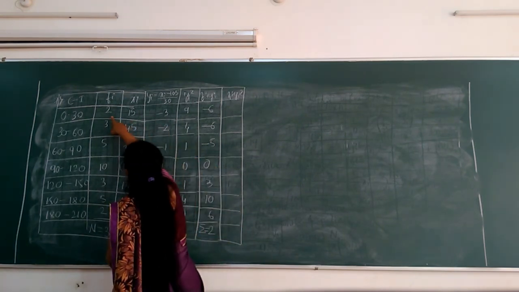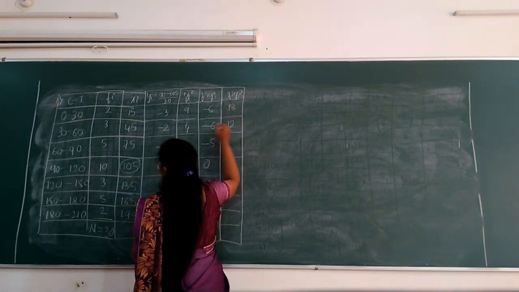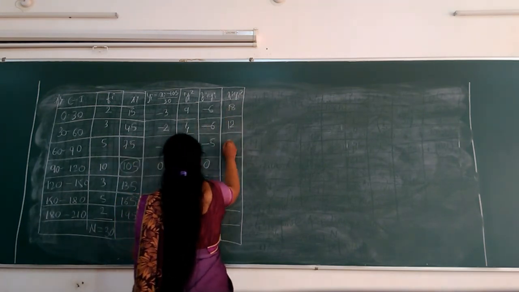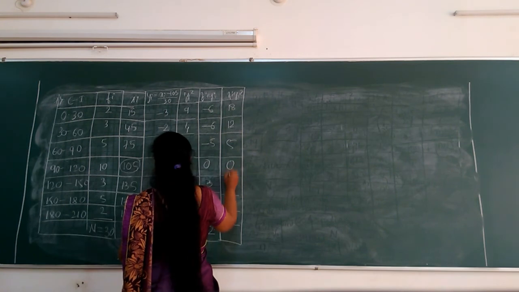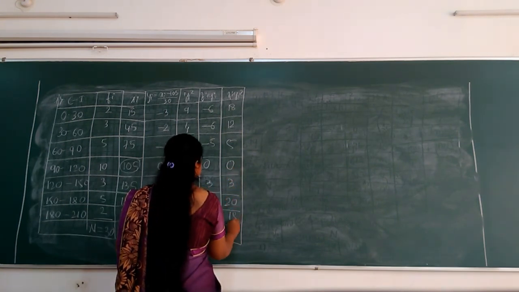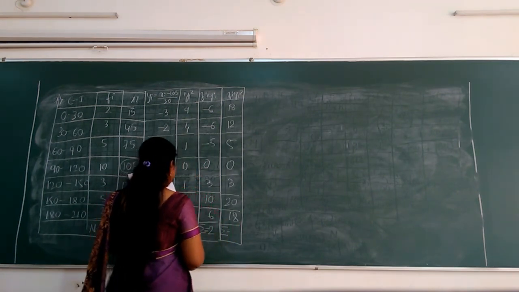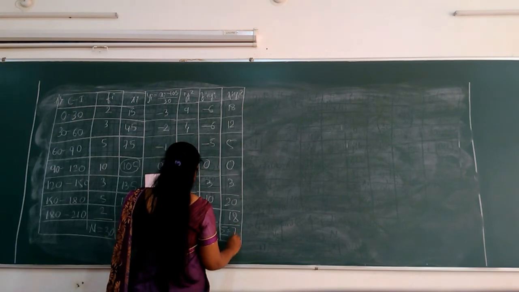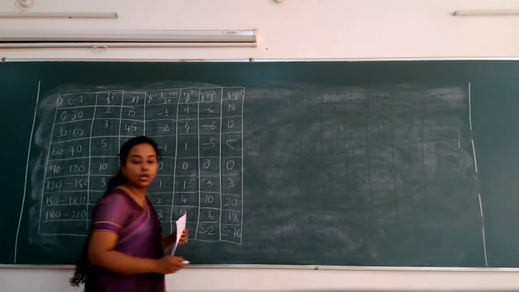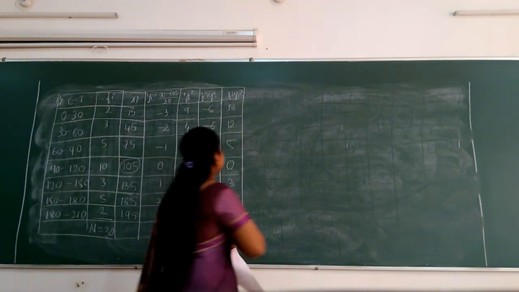So that is fi: 2 into 9, 18, 12, next 5, 0, 3, 20 and 18. Again, we always need the sum of all these. So it will give us 76. With this we will calculate our mean and variance.